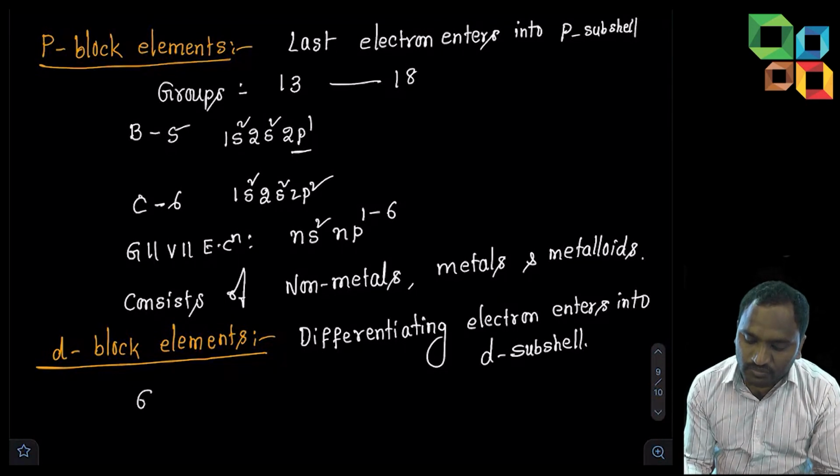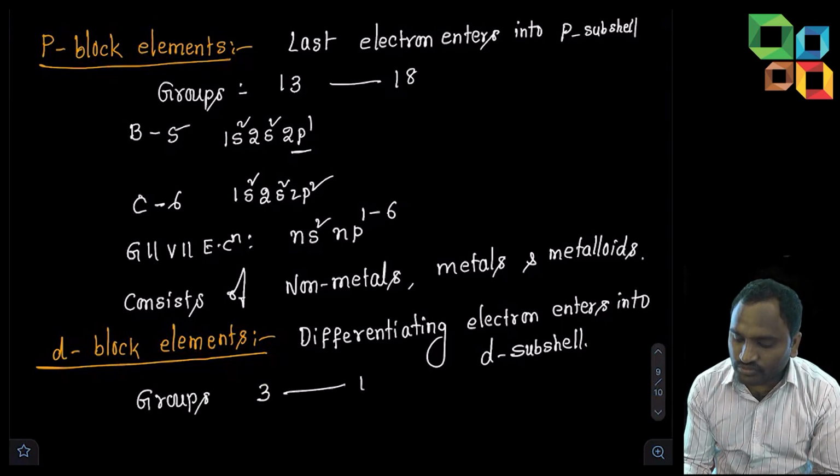Which groups come under D block elements? Groups 3 to 12.